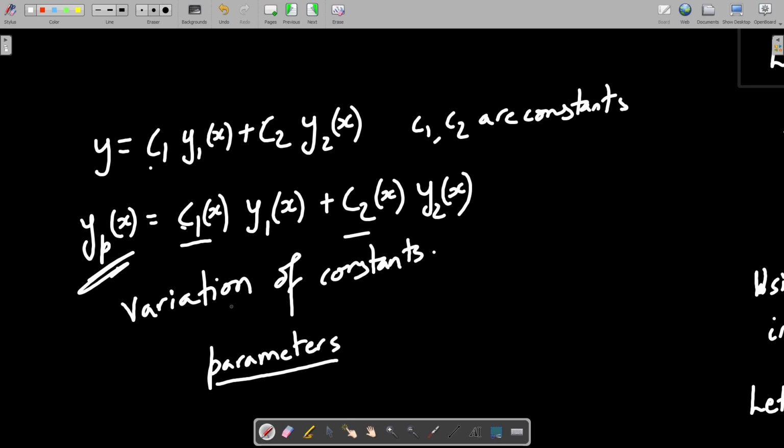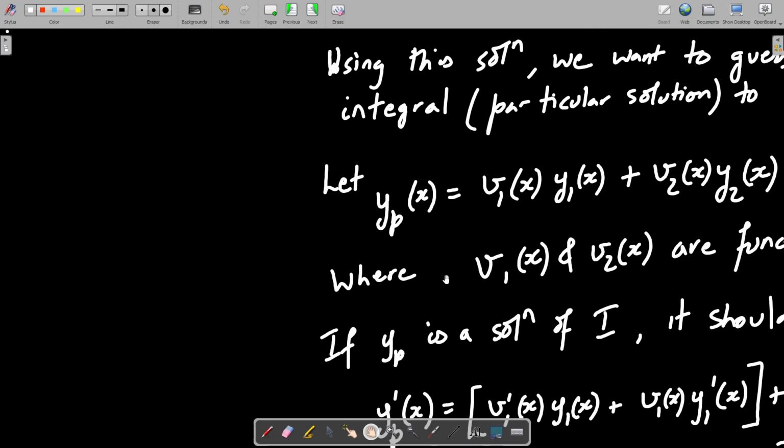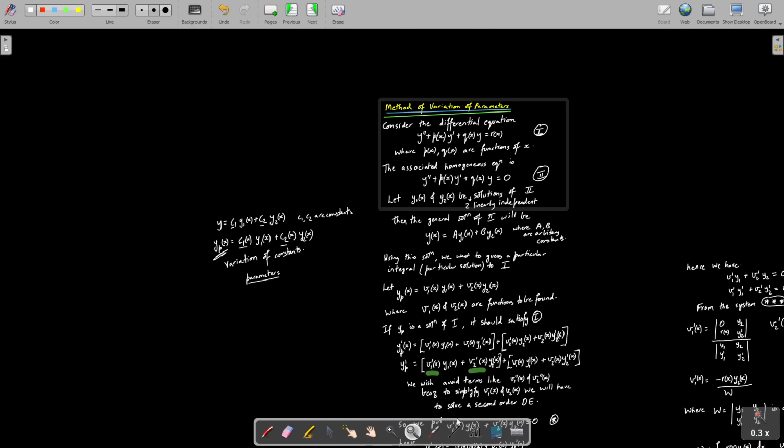Why is that name in brief again? Because we treat the coefficients c1 and c2, which were constants originally, as functions, and we solve and find their values. After doing all this yesterday, we found the values of c1 and c2. Let's zoom out and search for it fast.